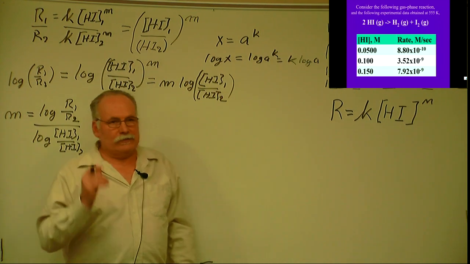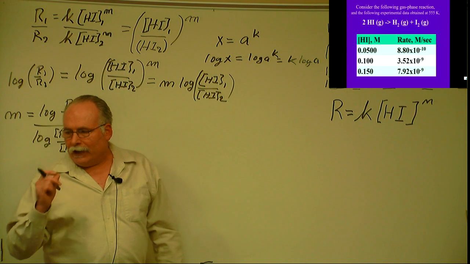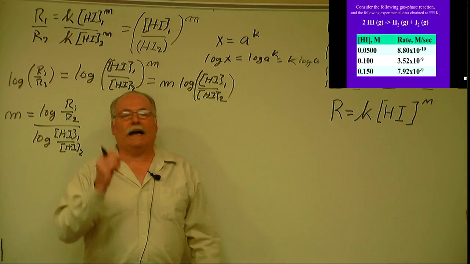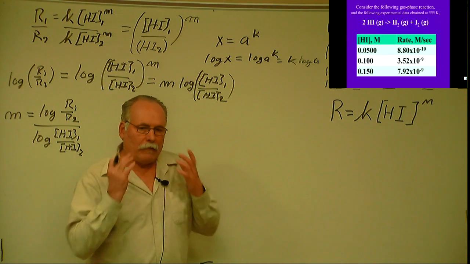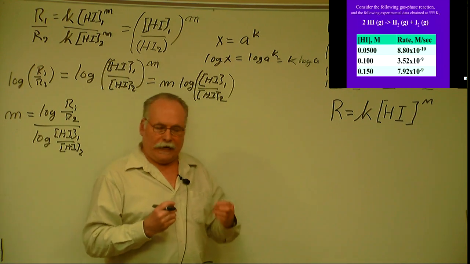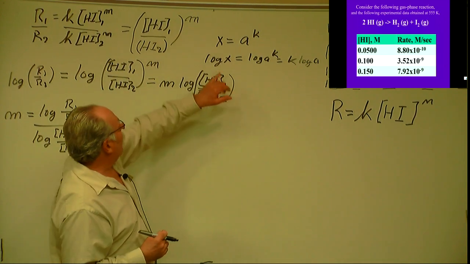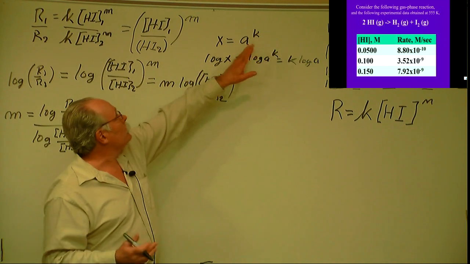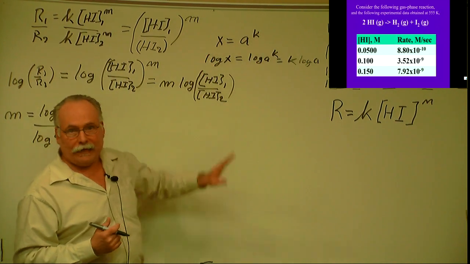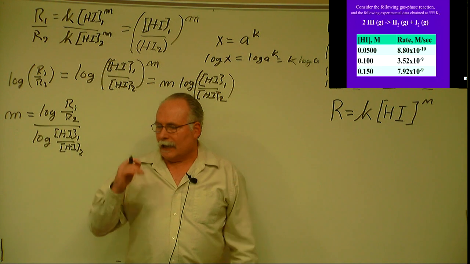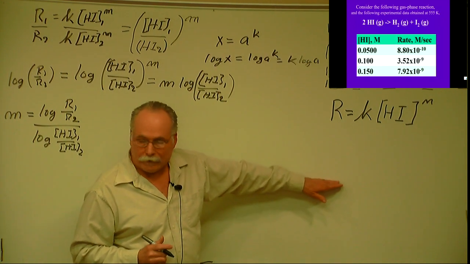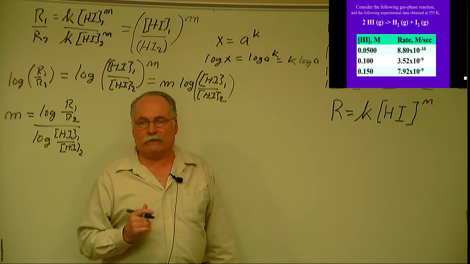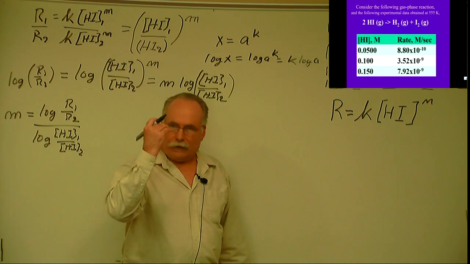If I had chosen state 1 and 2, if I compare 2 to 1, I see I doubled the concentration, okay? And in our minds, it's very easy to understand 2 to the power of 1, 2 to the power of 2, 2 to the power of 3, okay? So what I'm going to do is I'm going to take state 2 over state 1, because when I divide the concentrations, that equals 2, okay?